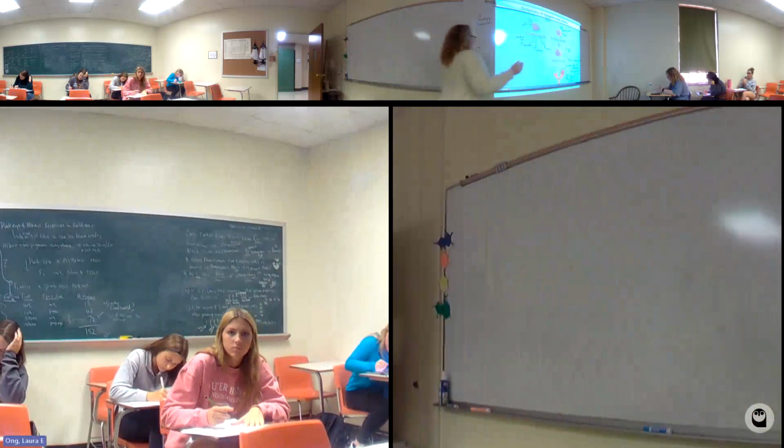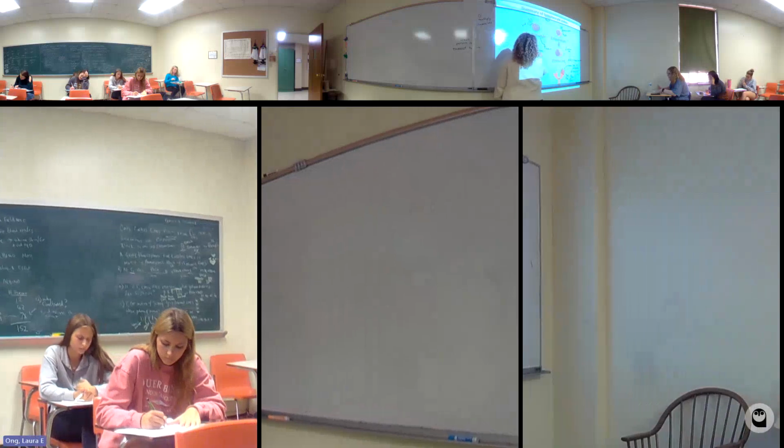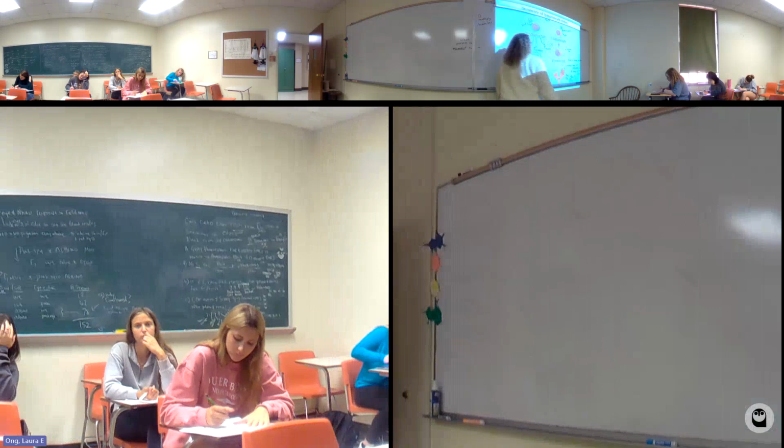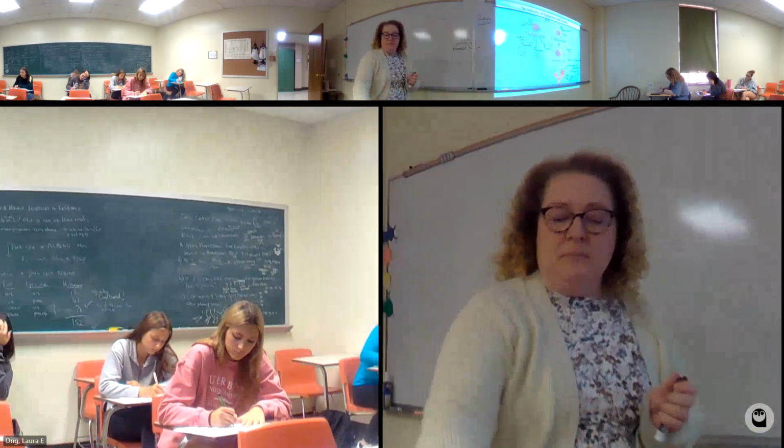And these are cell types, and they don't look really any different than the other cells on this page, but they're doing different things. All of them are white blood cells.